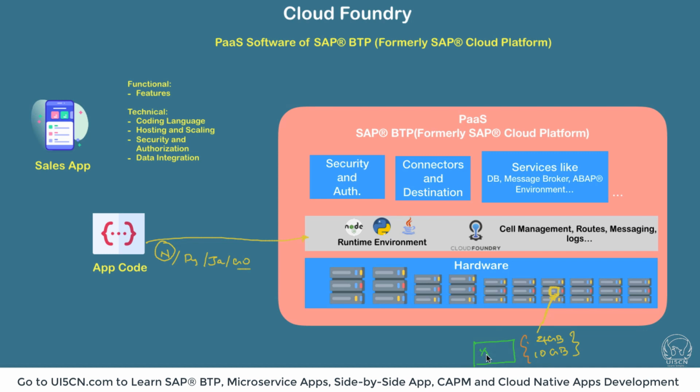So for example, if our app comes inside here, then it gets the Node environment. To put it in simple words, the Node.js libraries will be installed, and the resources, which are the RAM and the hard disk and networking capability, will be provided, and a container internally somewhere will be created, and our application will be put inside this container.